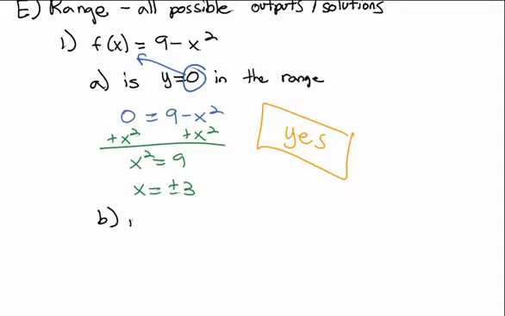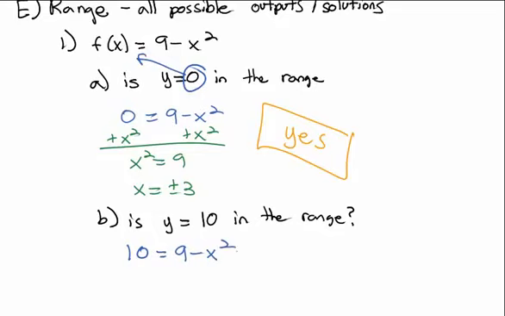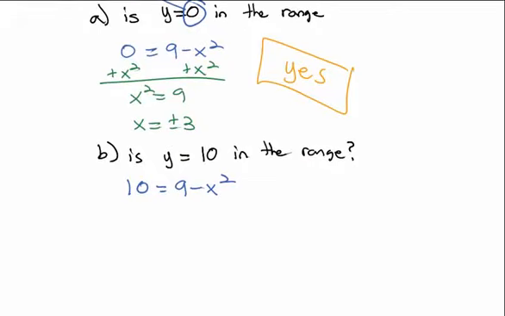Contrast that with the question: is y equals 10 in the range? With range, we're plugging it in for the answer. 10 equals 9 minus x squared. And this time, if we subtract 9 from both sides, we get 1 equals negative x squared.